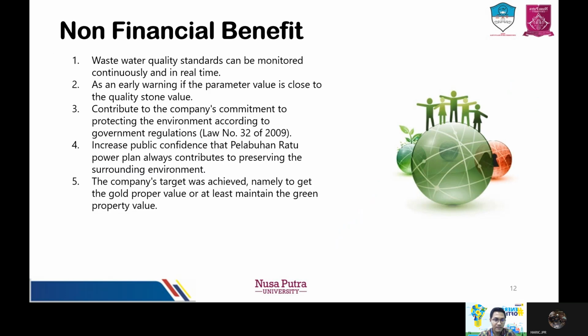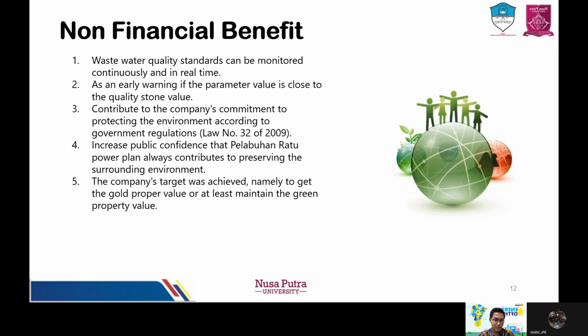Okay, non-financial benefits. Number one, the water quality standard can be monitored continuously and in real time. Number two, an early warning if the parameter value is close to the quality standard value. Number three, contributes to the company's commitment to protecting the environment according to government regulation.